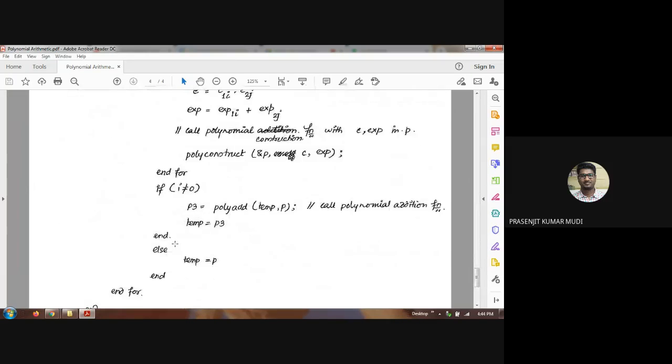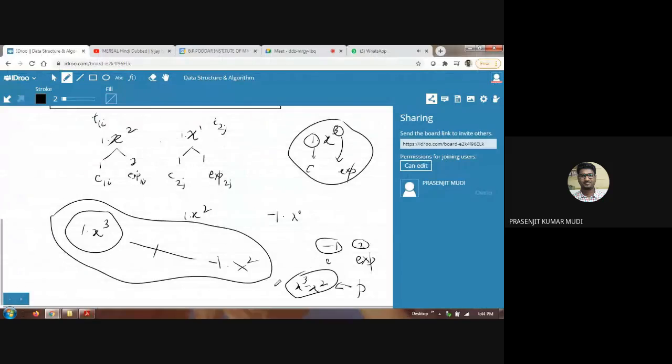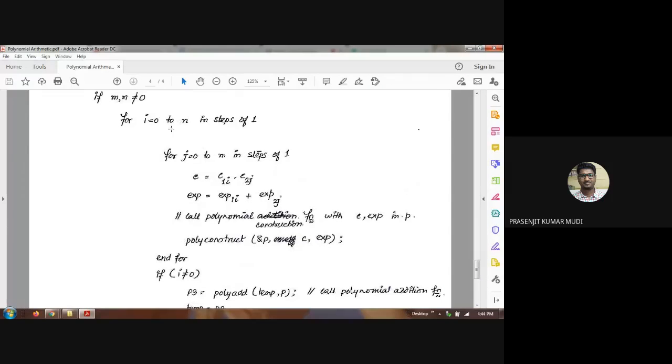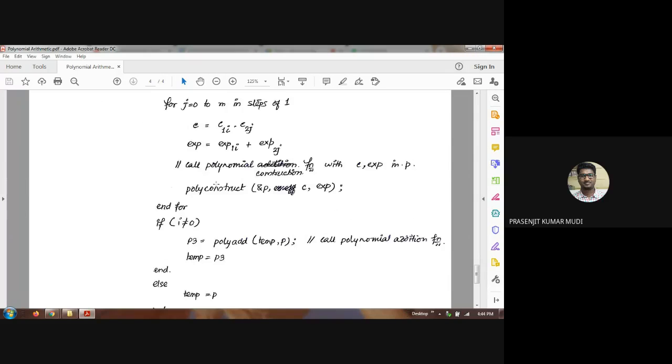All the temporary polynomials. Now what you are doing, whenever you are getting such a polynomial x cube minus x square, you add this polynomial so constructed with, okay, let me go to the second iteration of the outer for loop.